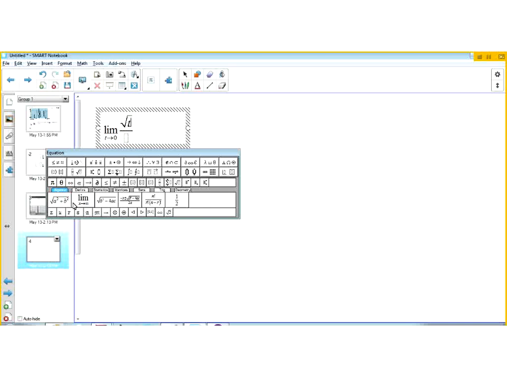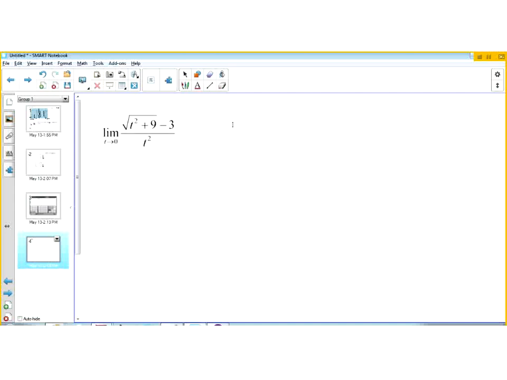The square root of, say, t squared plus 9, okay, that's under the radical, minus 3, oops, that's in the numerator, sorry, get rid of that 3, divided by t squared. Okay, all right, so we want to calculate this limit.